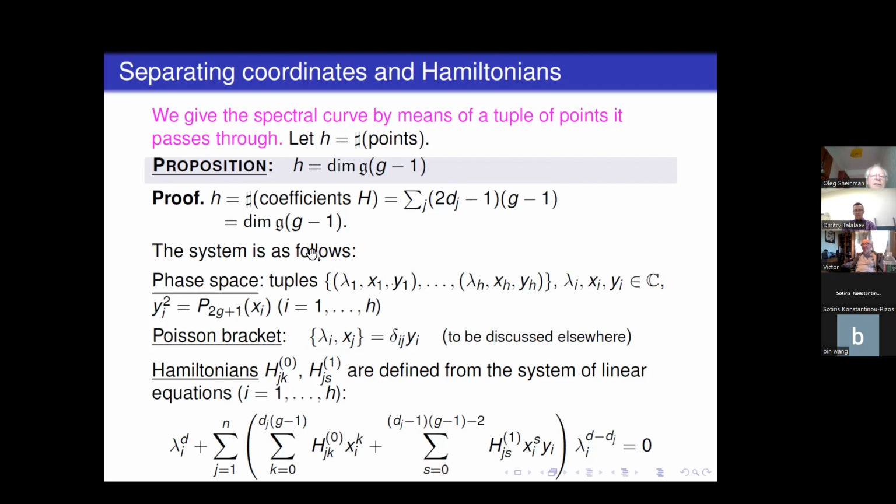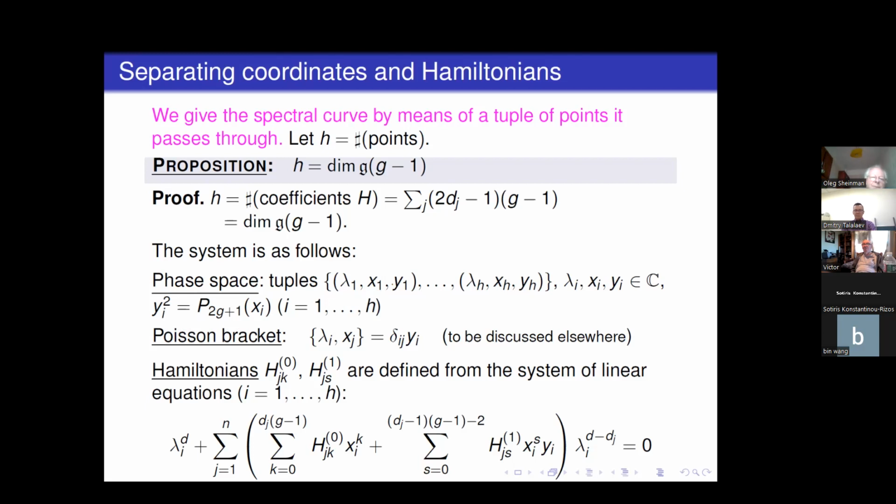Now the Hitchin system can be defined as follows: the phase space consists of the sets lambda 1, x1, y1, to lambda h, xh, yh, subject to the relation of the hyperelliptic curve.